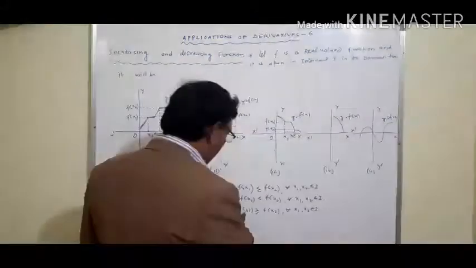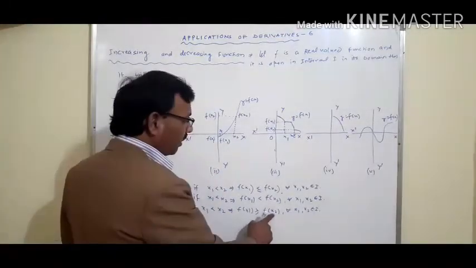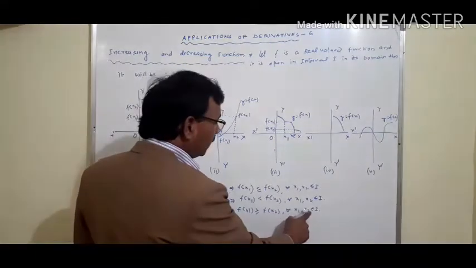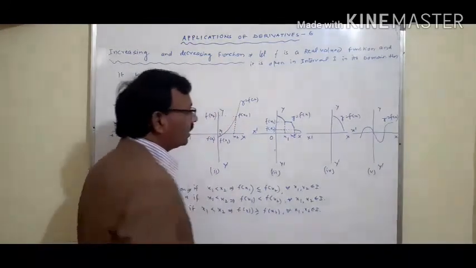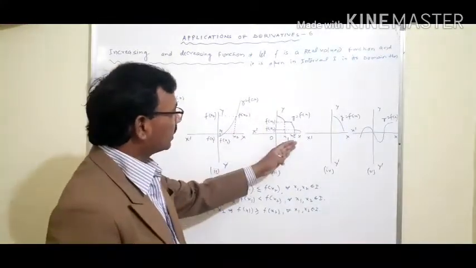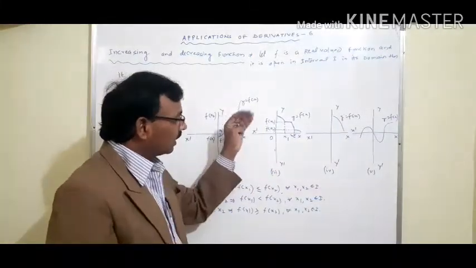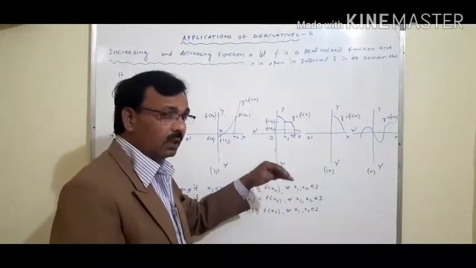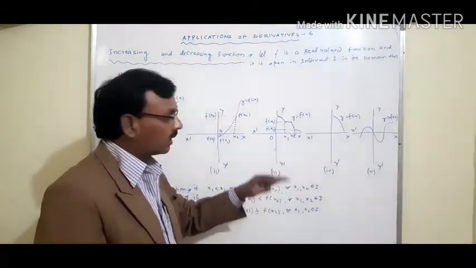That means f of x1 is greater than or equal to f of x2 for all x1 and x2 belonging to the given interval. In this situation, the function will be decreasing or constant or equal also.